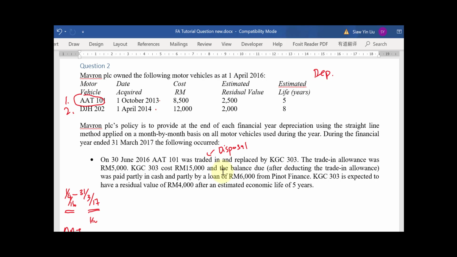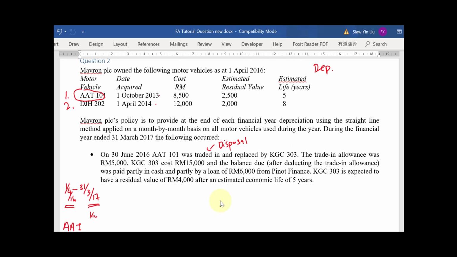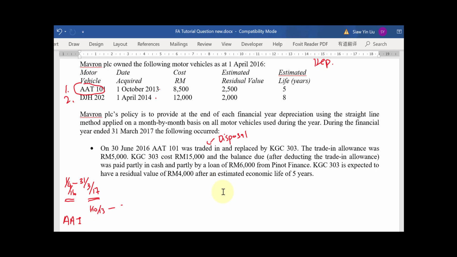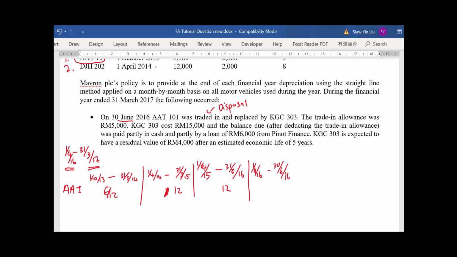If you look at these questions, AAT's first year is from 2013 until 2014, and then the second year is 14 until 15, the third year 15 until 16, and the current year is 16 until 17.